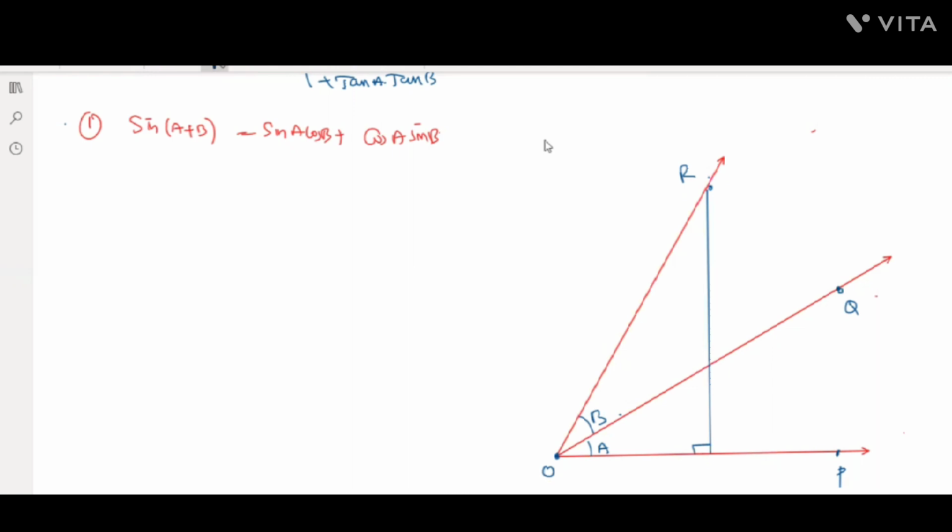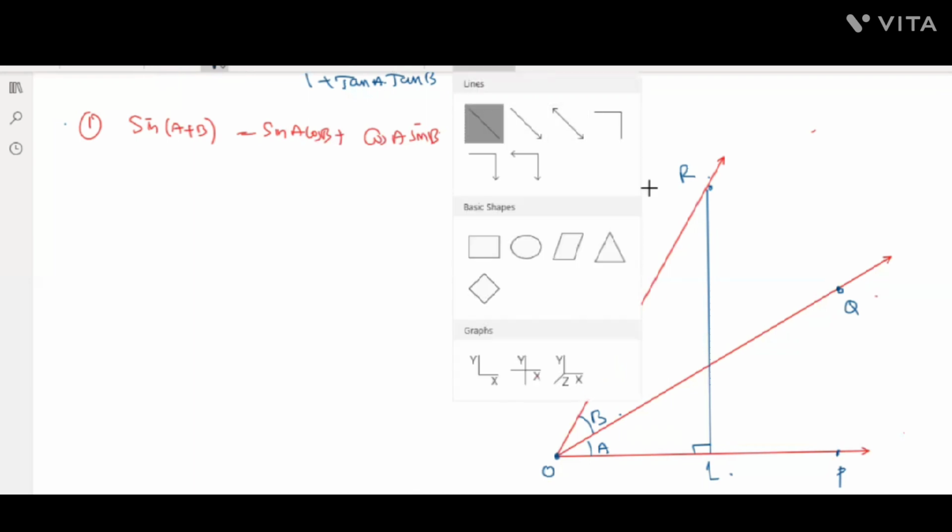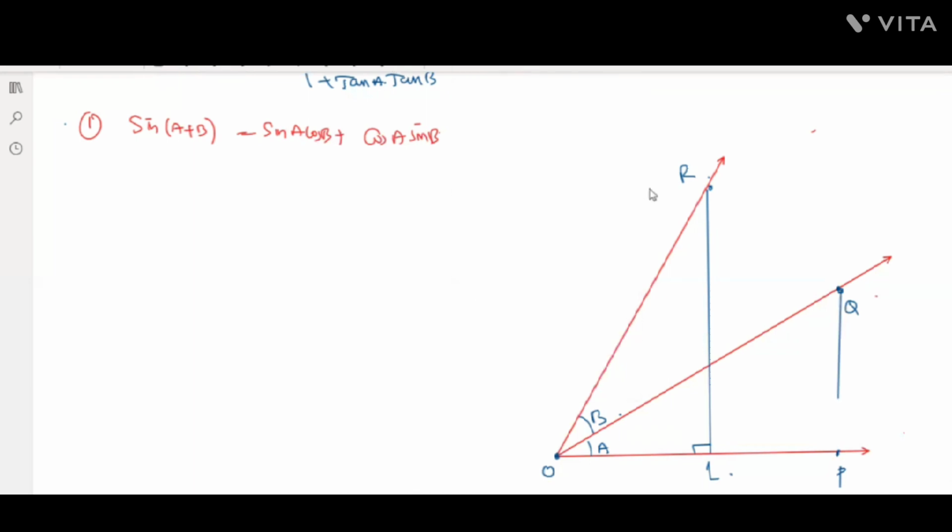Let's think it's intersecting OP at L. So from here, let's take LM. We'll draw one more perpendicular from Q to OP, and let's think it is intersecting at P.